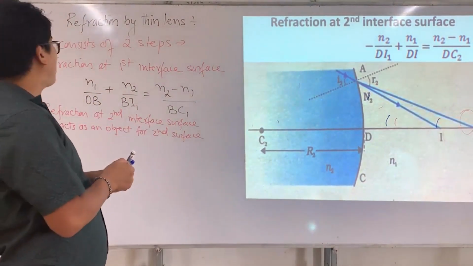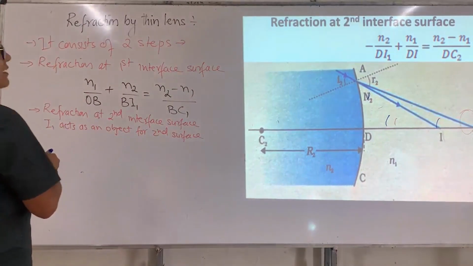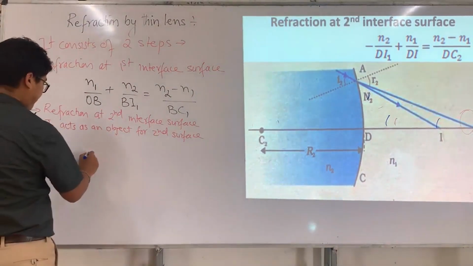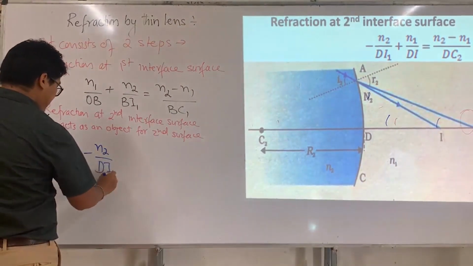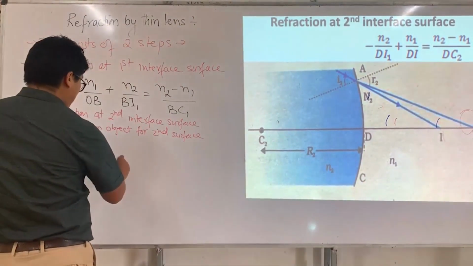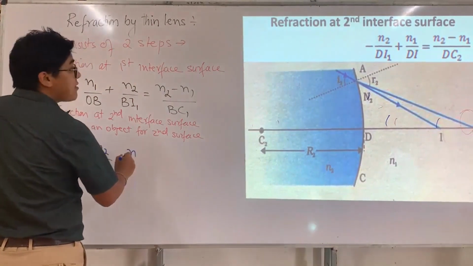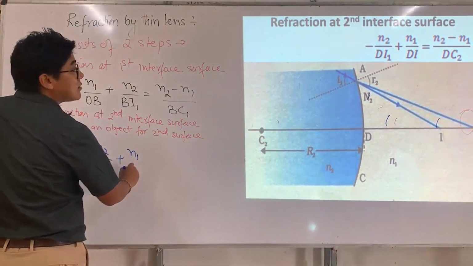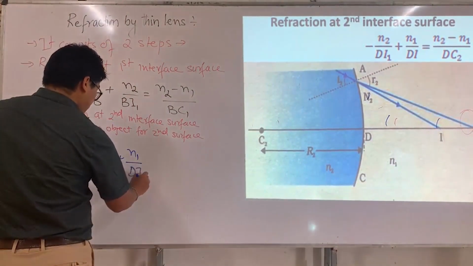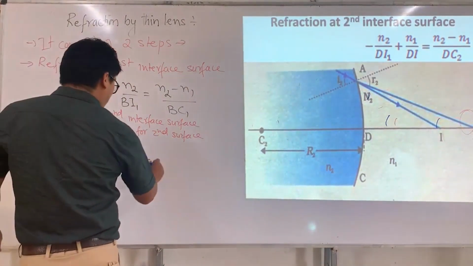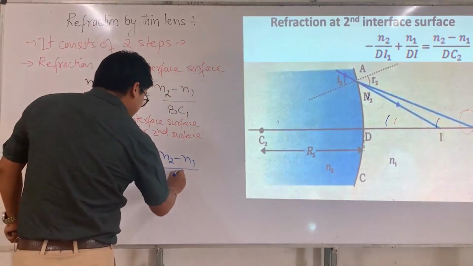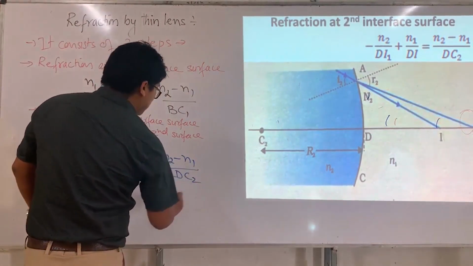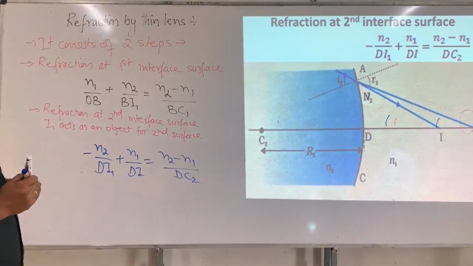Having this, now I have the equation. Refraction is like that: minus n2 divided by di1 plus n1 divided by di equal to n2 minus n1 divided by dc2. Now look at here.